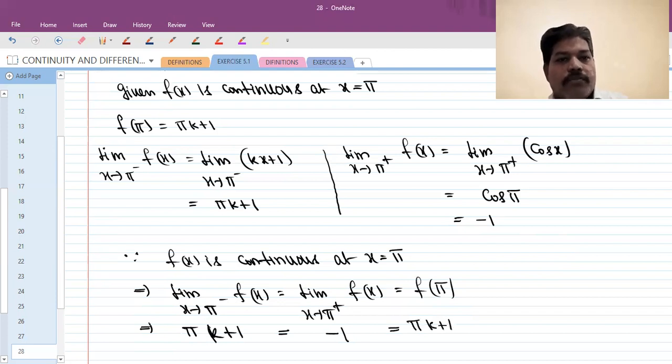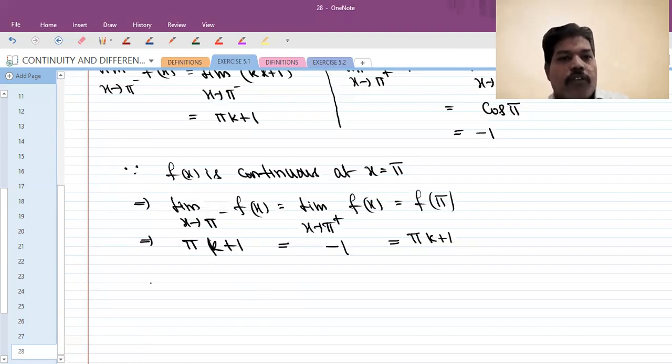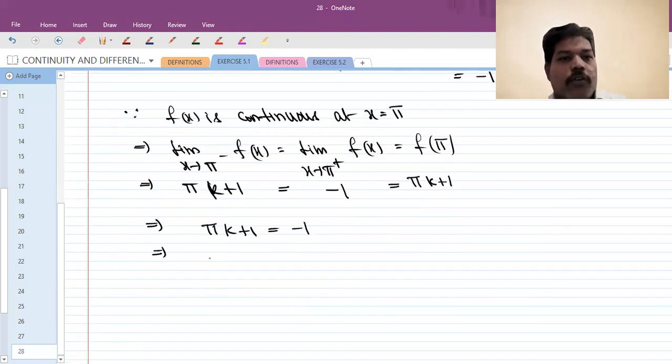So from these three, what we can conclude is that pi k plus 1 is equal to minus 1. That implies pi k is equal to, take this 1 to that side, minus 1, already minus 1 is there, it will become minus 2. So automatically that implies k will become minus 2 by pi.